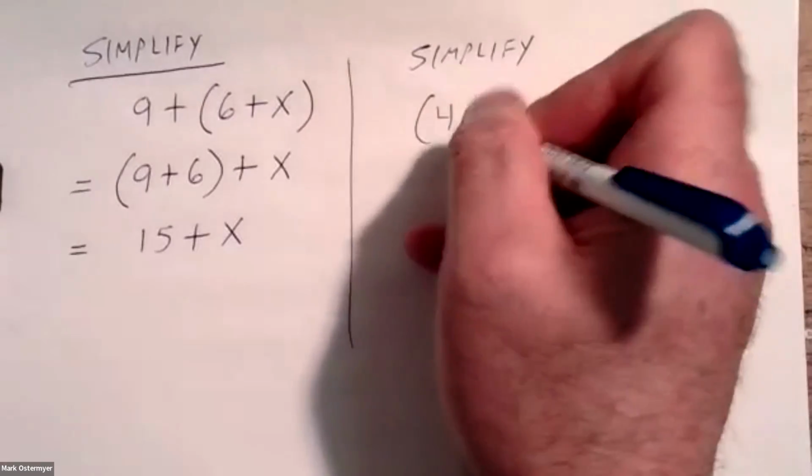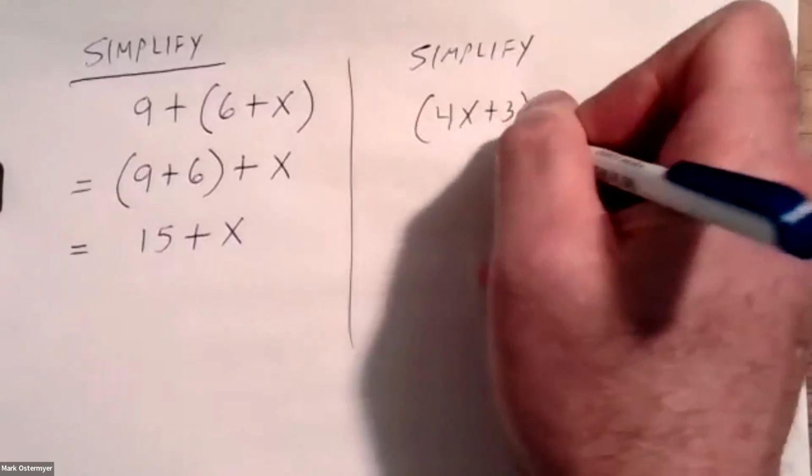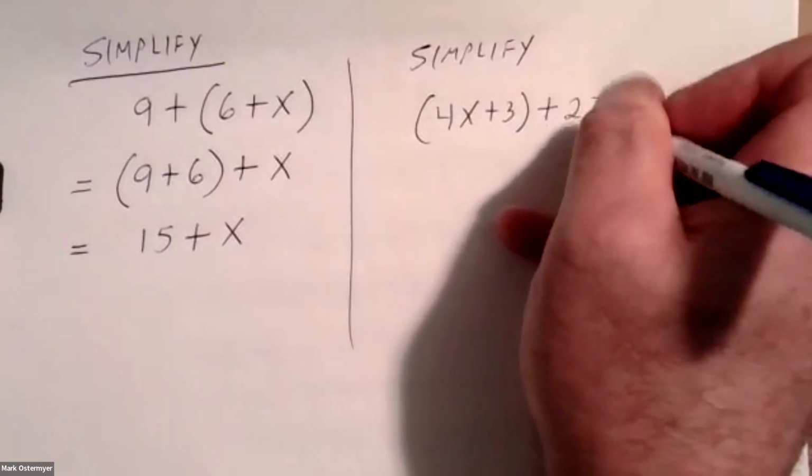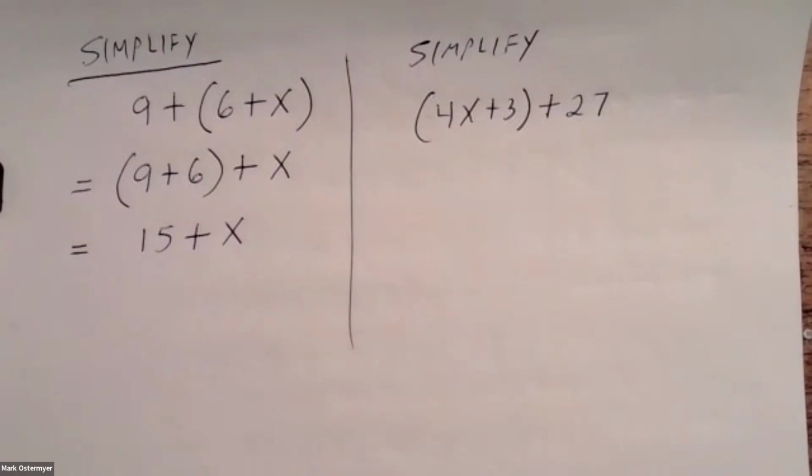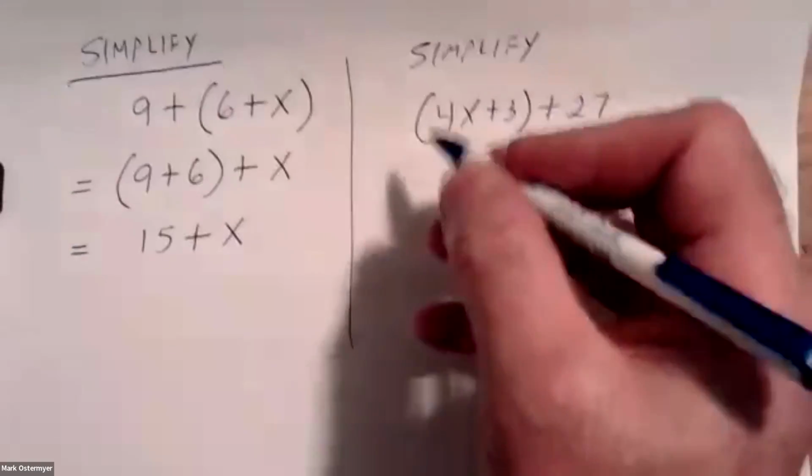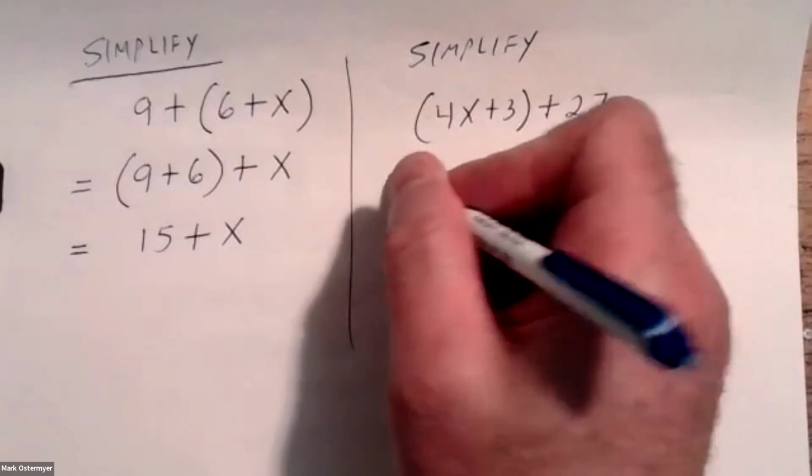All right. Try another one here. 4x plus 3 plus 27. Let's see if we can simplify this algebraic expression by employing the associative property of addition. And we should be able to do that just by doing what?